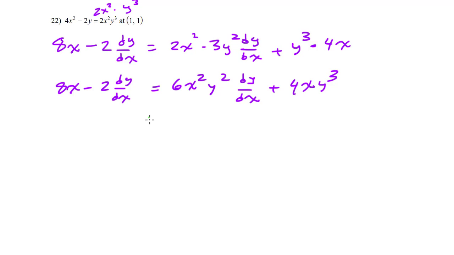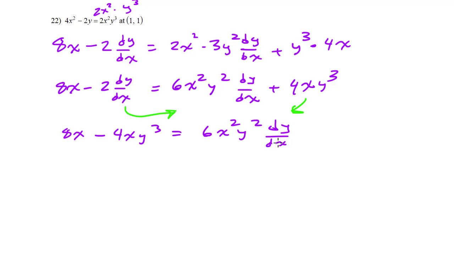And so now we want to move all the dy dx's together and all the other stuff together. So let's move this over to the left side and move this over to the right side. And that's going to give us 8x minus 4xy cubed equals 6x squared y squared dy dx. And then add 2 dy dx to both sides. Factor out the dy dx.